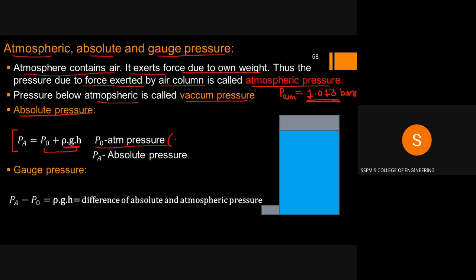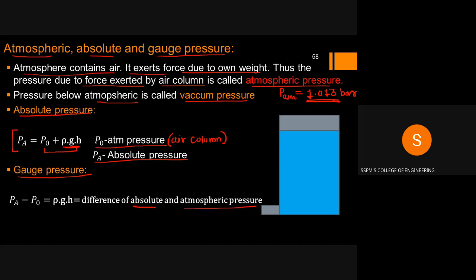This atmospheric pressure is because of the air column which is above that point. And PA is the absolute pressure, or we can say it is the total pressure, including air pressure. So this is P naught plus rho gh. And the gauge pressure is the difference of absolute and the atmospheric pressure.